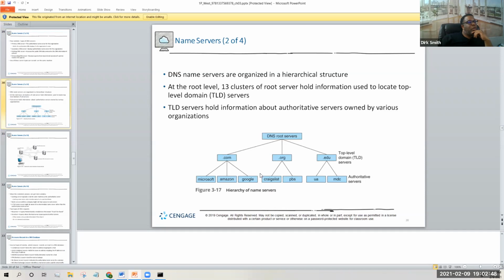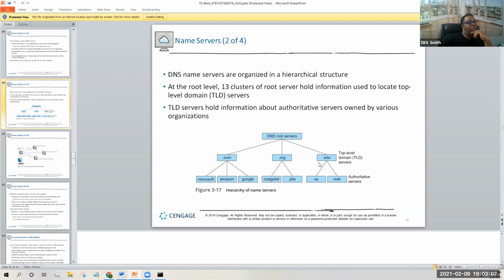The DNS name servers are organized in a hierarchical structure. You have .com, .org, and the education sites. Under .org you have Craigslist and PBS, under education a couple of educational sites, and then your .com down here.